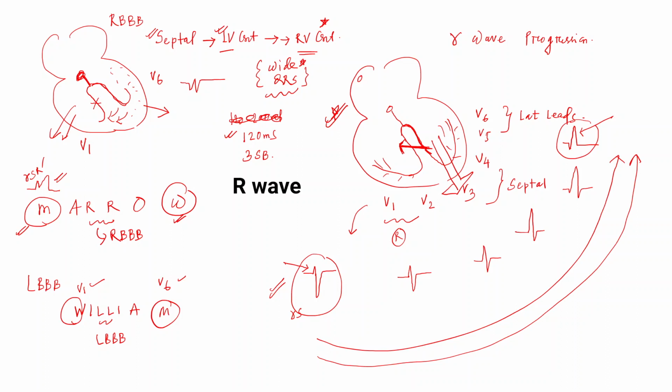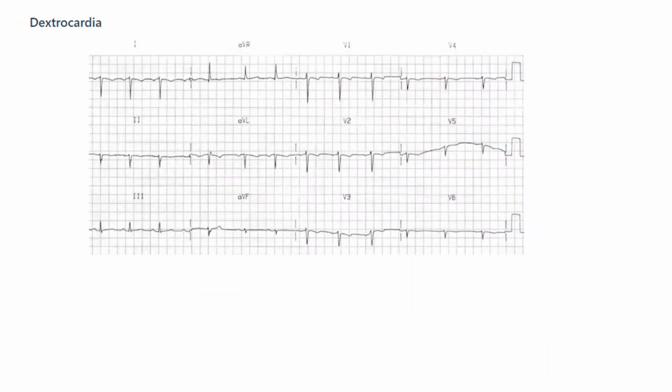But if this progression is not happening, that means from V1 to V6 the R wave amplitude is not increasing as expected, that is known as poor R wave progression. By definition, if in lead V3 the R wave is less than 3 mm, this is known as poor R wave progression.